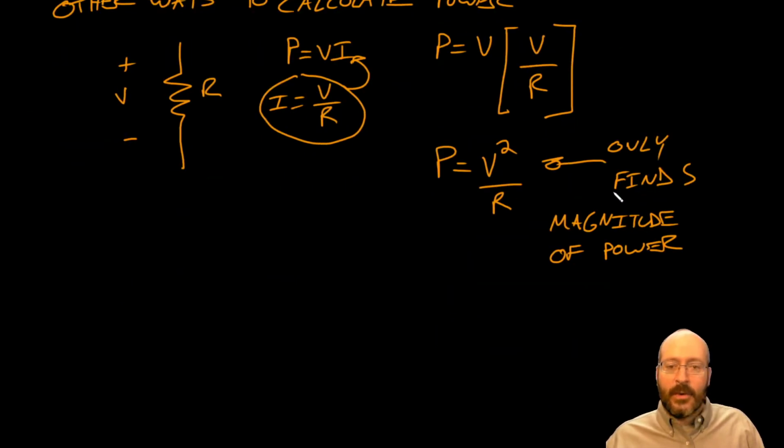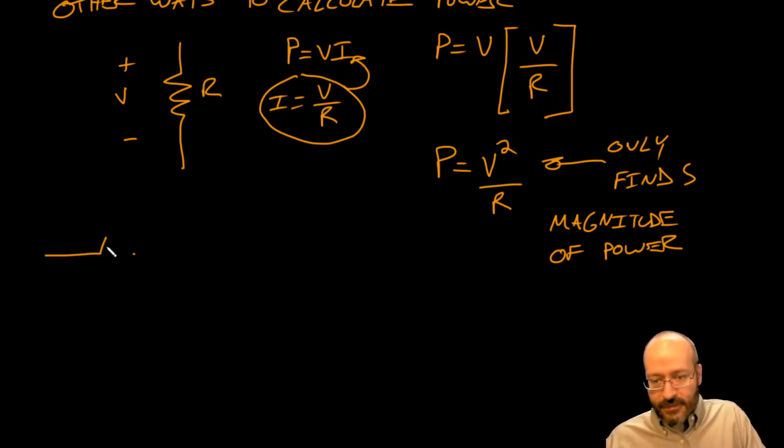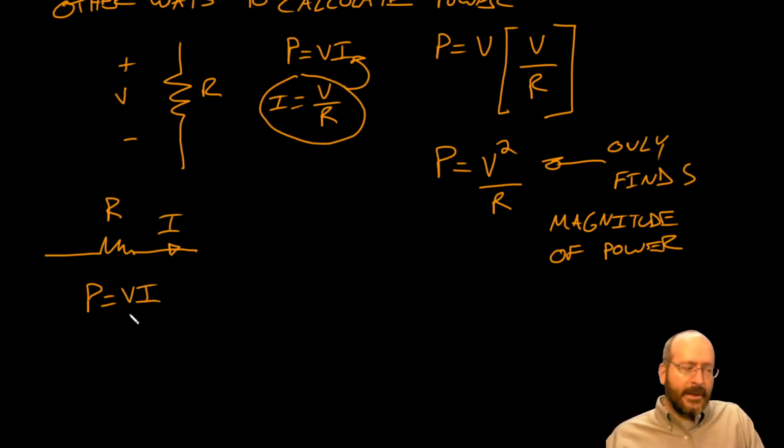Okay, there's a similar one if we have, I'll draw it sideways just for fun, my kind of fun, not your kind of fun. If all we have is the current and the resistance, you may say, well, I want to find the power, P equals VI, and we can use Ohm's law again, right, because we need to find V equals IR.